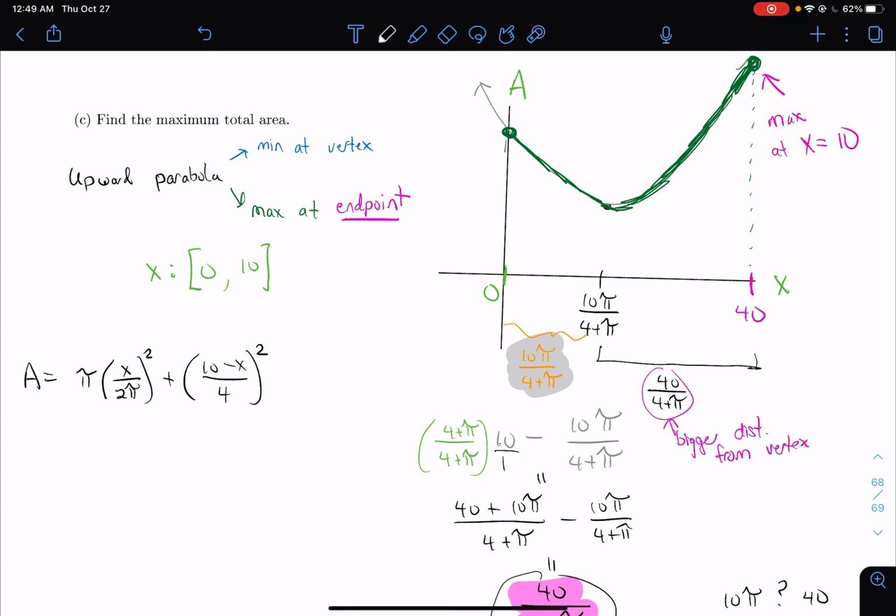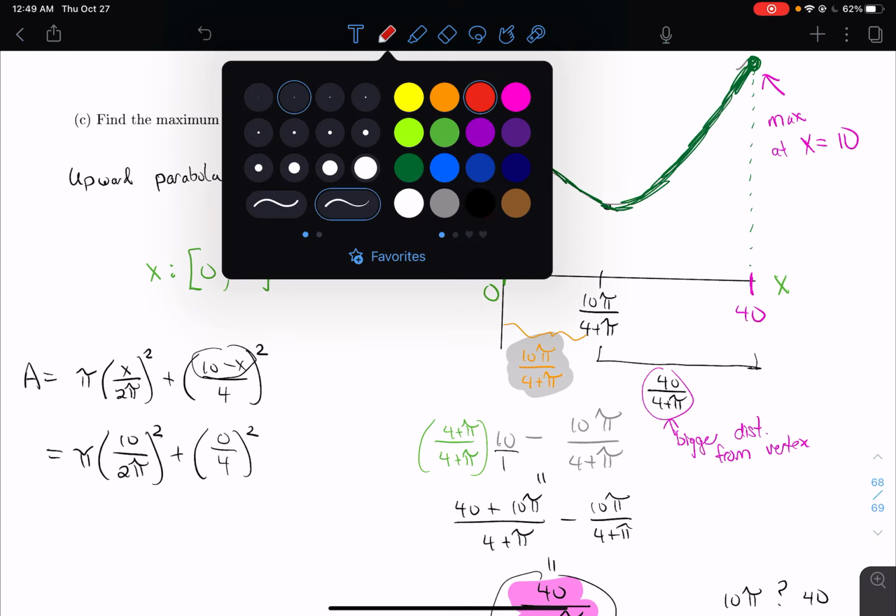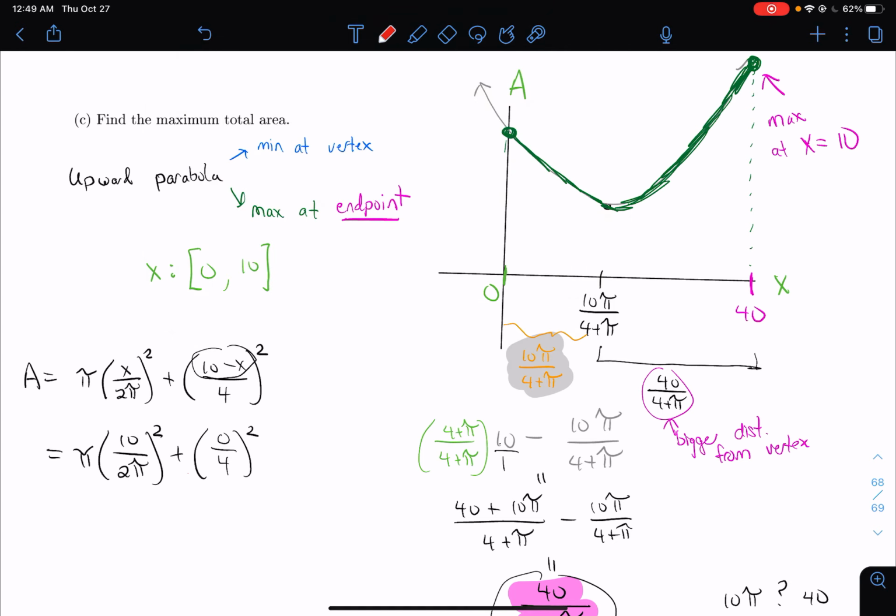And that was the square area. And now let's plug in what we know x is. So we'll get pi times 10 over 2 pi, squared. And I'll plug in 10 into the next part. Well, 10 minus 10 is 0. I'll get 0 over 4 squared. But 0 divided by 4 is just 0, and if I square 0, that's just 0. So this part just becomes 0.